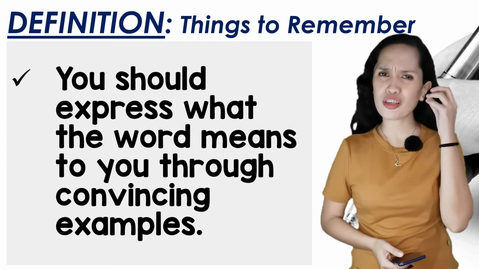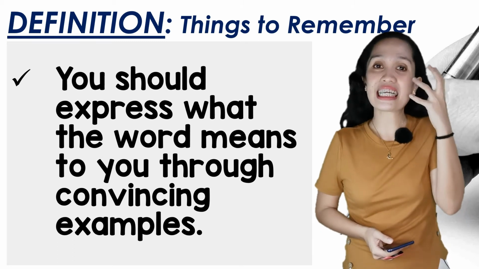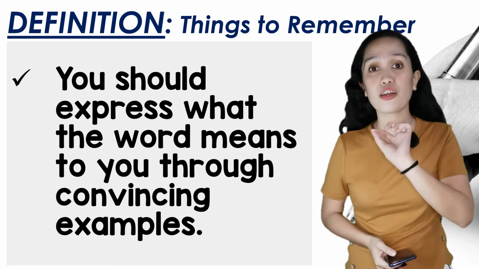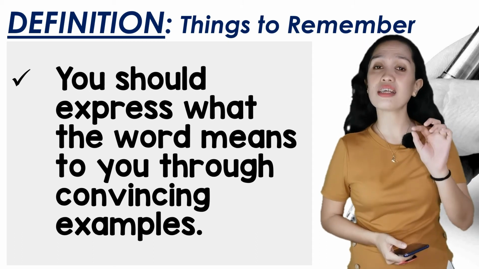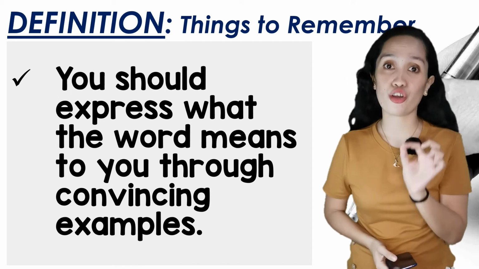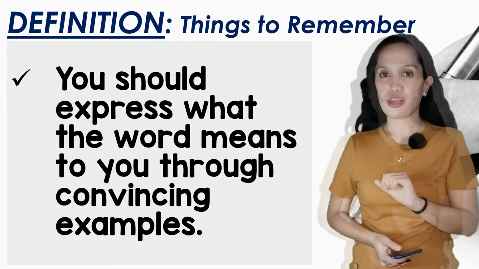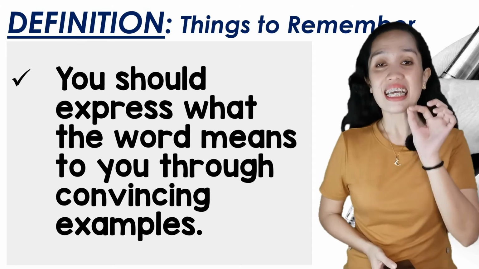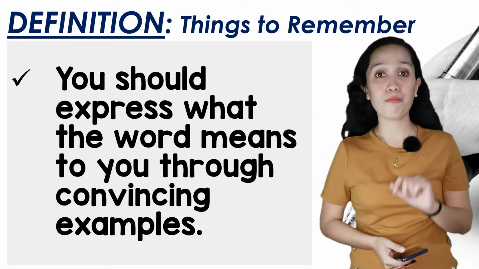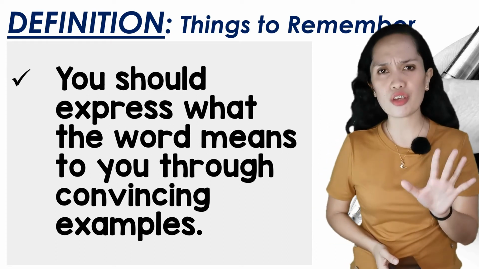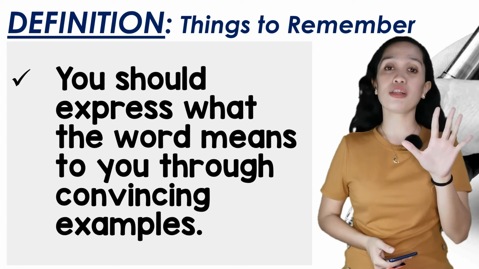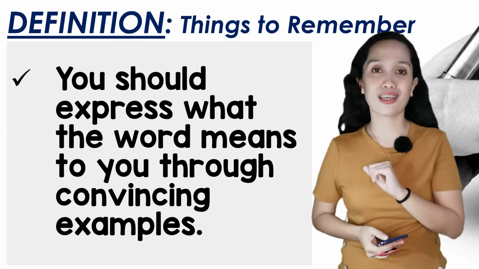So in order for your reader to really grasp the concept of agape, you may inject a real-life situation as an example or as an elaboration of your definition. But your focus is really to define and not to simply exemplify. So don't get confused. Don't worry. When we go to exemplification after this, you will be able to tell the difference between the two.